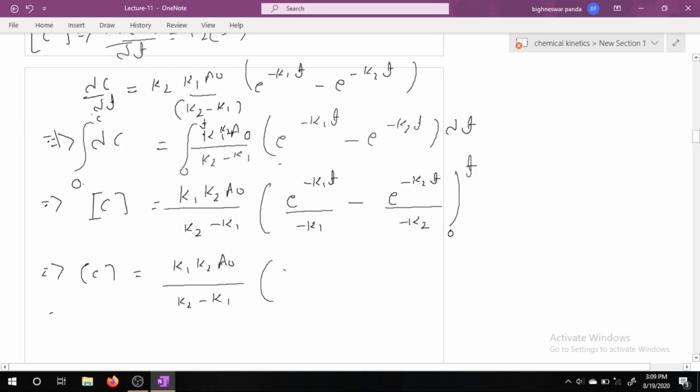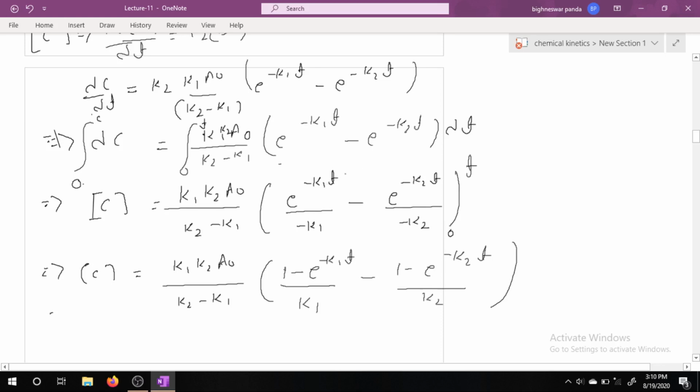So here I can simply write 1 minus e to the power minus k1t divided by k1, and similarly for k2, e to the power minus k2t.